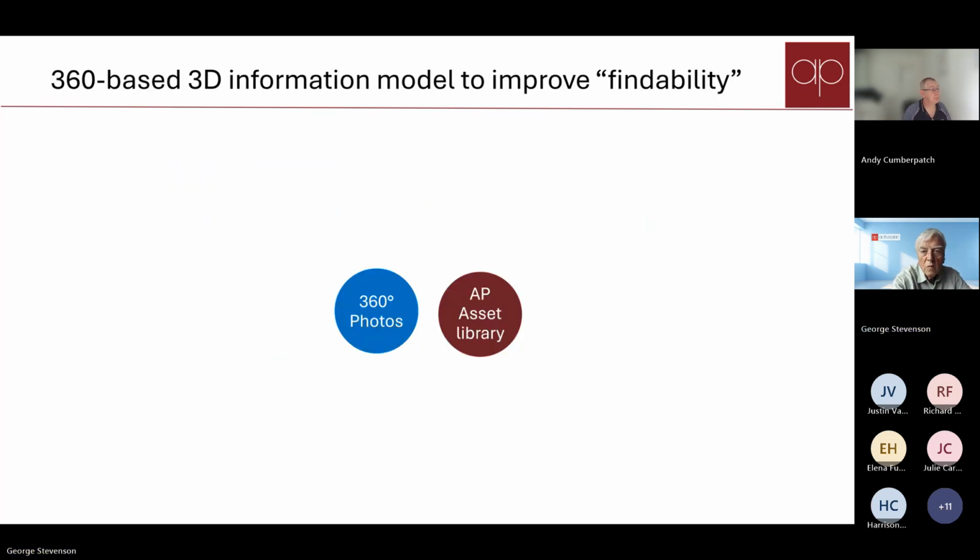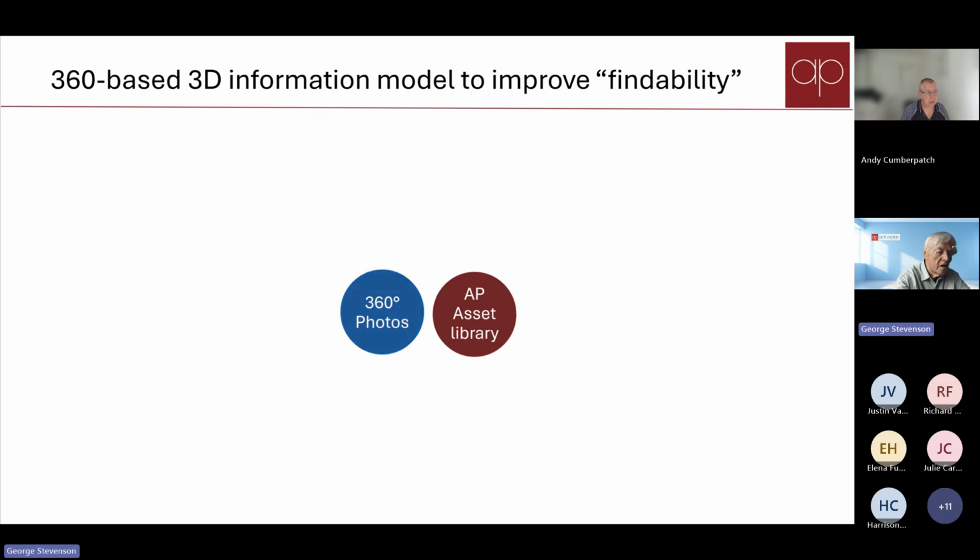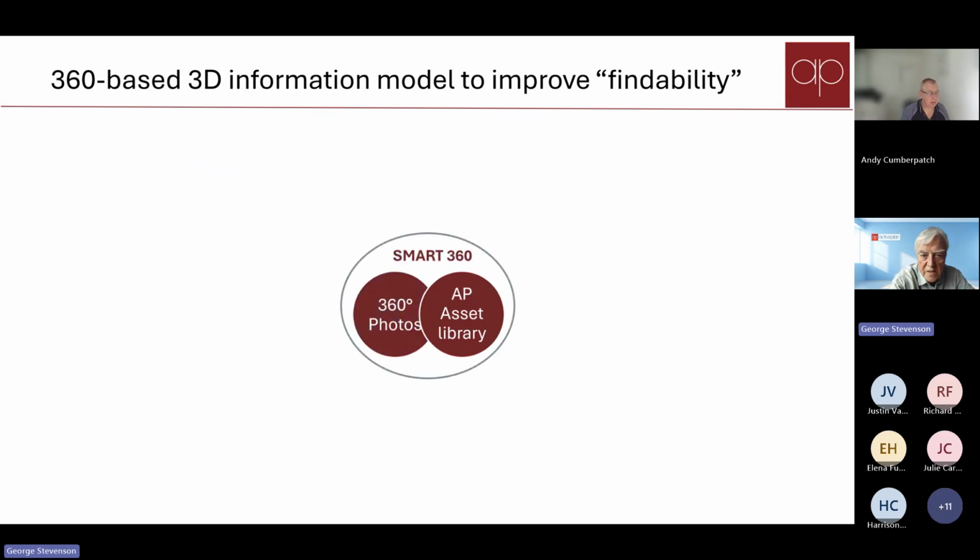So what we're doing is we're trying to create the 360s in such a way that they are more searchable. We're making that so that we can connect information in the 360s to other data sets like asset libraries. So one of the things that we're doing is really creating smart 360s rather than standard 360s that require a human to read.